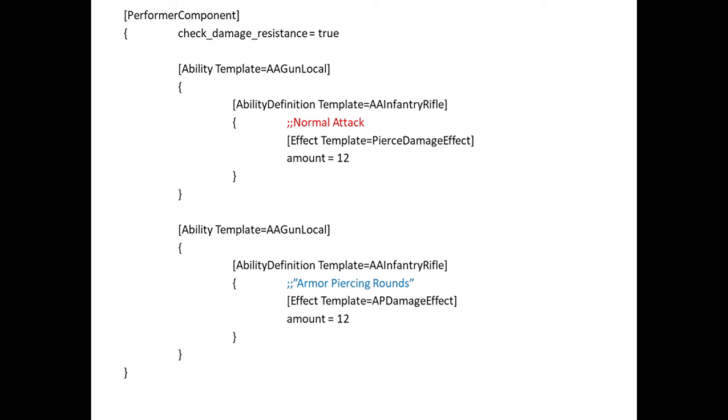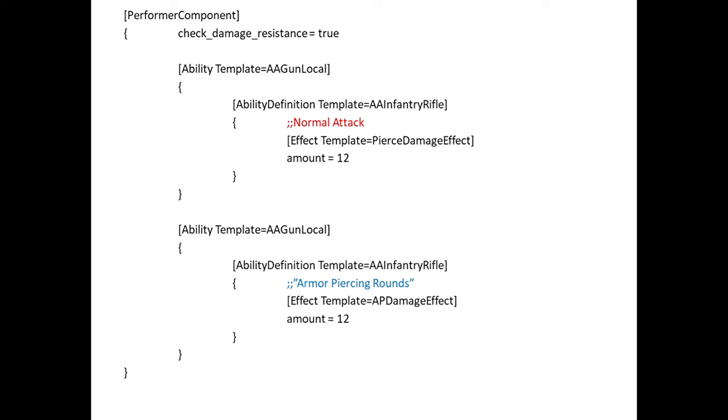In fact, because of the weight bonus for the rifles being so high, there's a good likelihood that this unit would not use the armor piercing ability at all against infantry units because of the weight bonus that's assigned to the gun local ability template. And because the armor piercing ability has its use bonus lower, because it would be multiplied by 0.8 because of the armor piercing damage resistance of infantry.